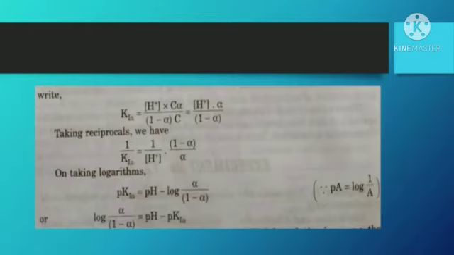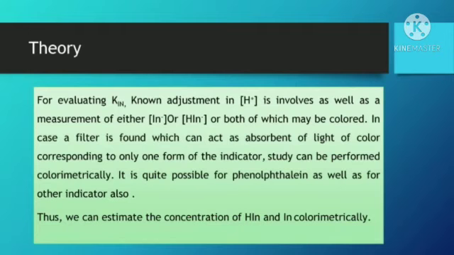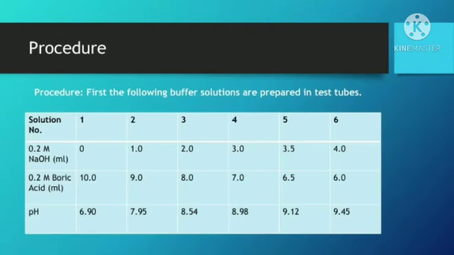Therefore, for finding the dissociation constant of an indicator experimentally, we need buffers in the pH range pK_in plus minus 1. When the H+ ion concentration is controlled, we can write the expression where the second term on the right-hand side is constant. As pH of the solution increases, the value of alpha also increases.